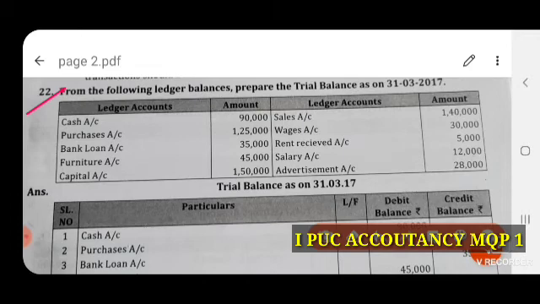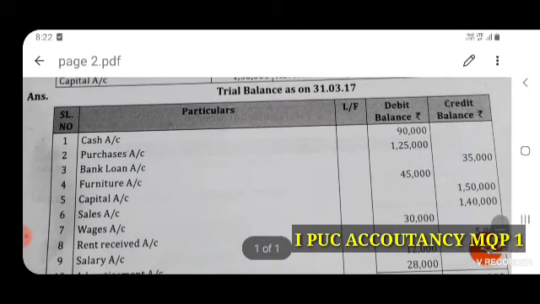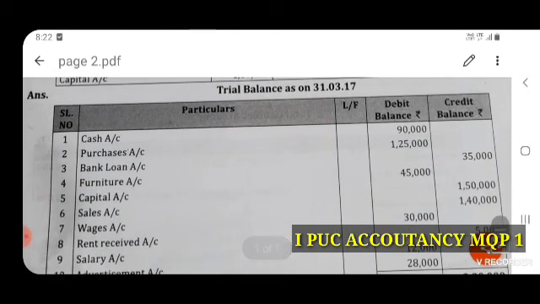So trial balance is a statement prepared to know the arithmetical accuracy. We have two methods, balancing method and total method. We can do it in any one method. See the answer here.